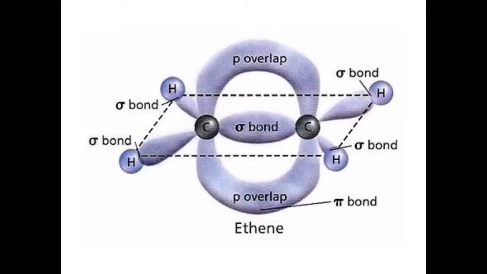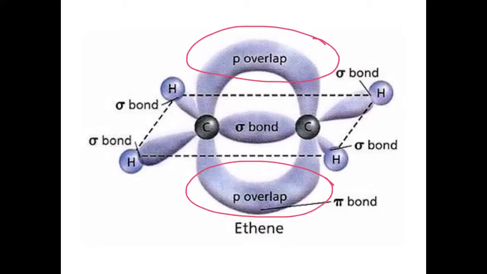The other two electrons that help to form the double bond are located in p orbitals, which are above and below those carbon atoms. They overlap, and so there is a region of electron density above and below the molecule, and those two regions together make up the pi bond in an ethene molecule.